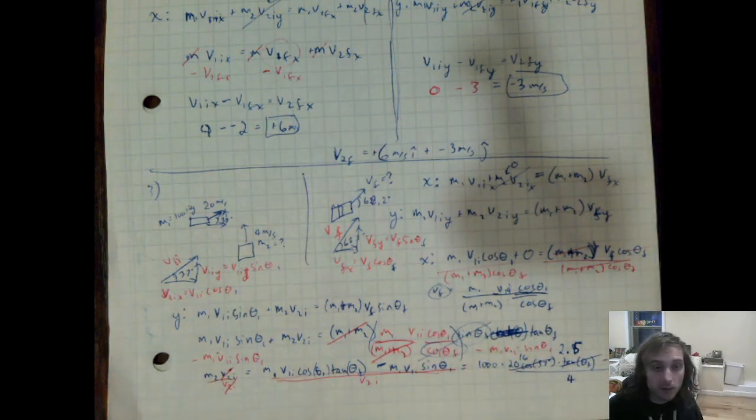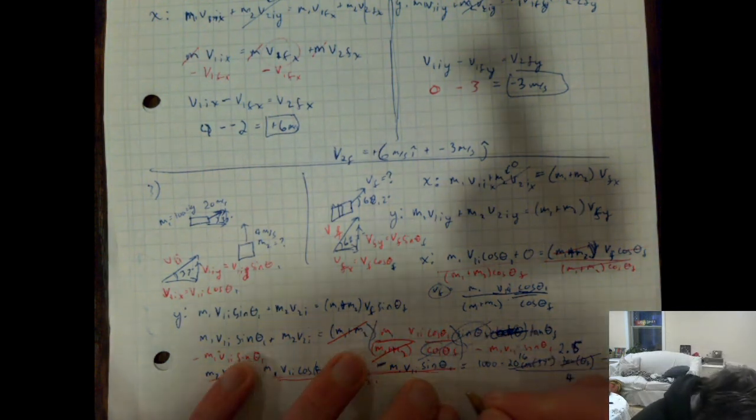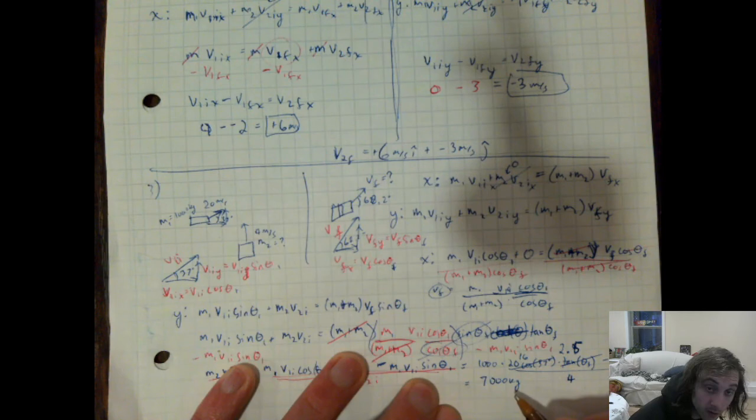This is why we have calculators. So 1,000 times 16 times 2.5 minus 1,000 times 12,000. I feel like I say that about calculators, and then every single time I feel really silly about how, as I'm writing it out, I could have probably just figured it out. But that gives us 7,000 as our answer.